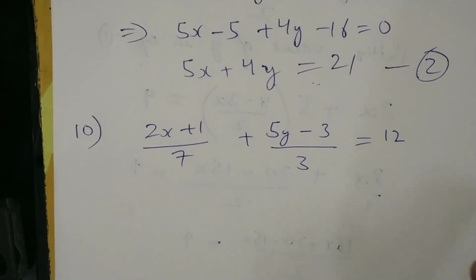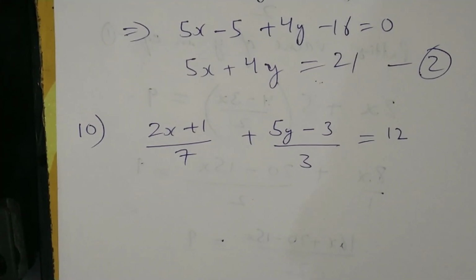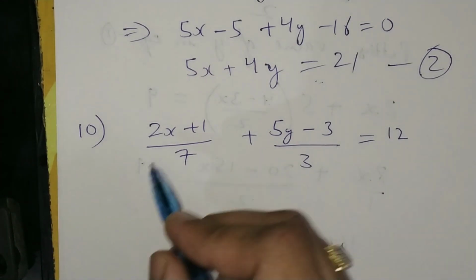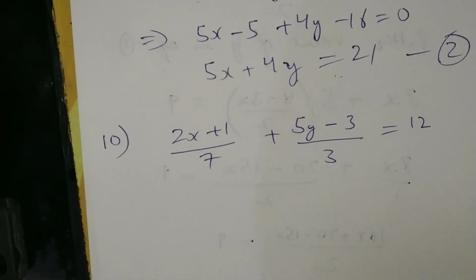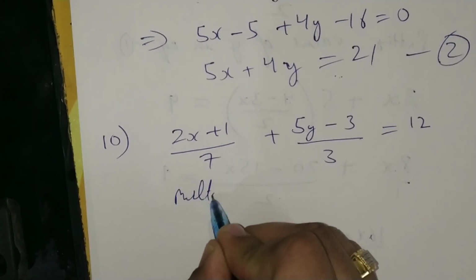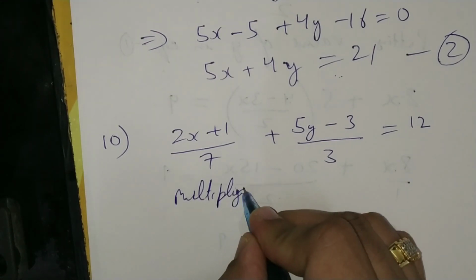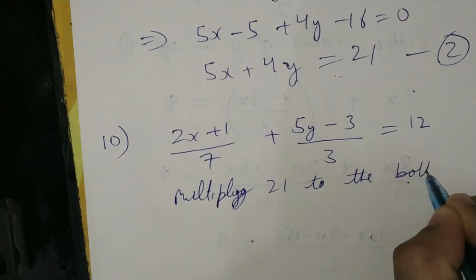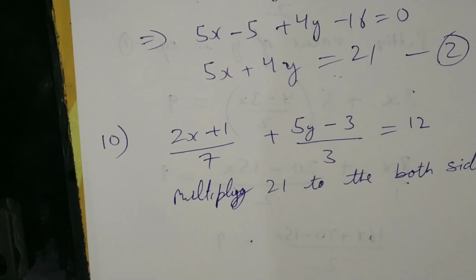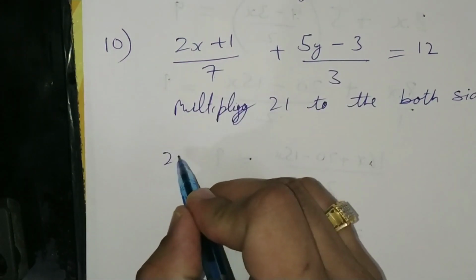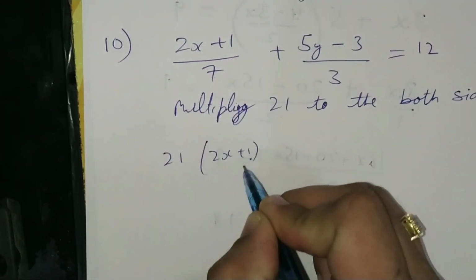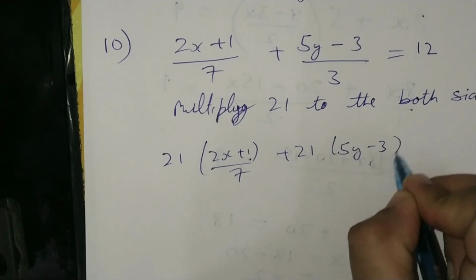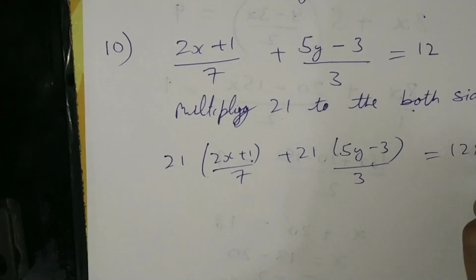In the 10th question, this is your question. What you can do is take the LCM of 7 and 3. So LCM is 21, multiplying 21 to both sides. This will become 21 times (2x plus 1) upon 7, plus 21 times y minus... 12 into 21.